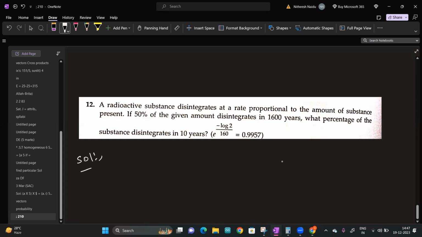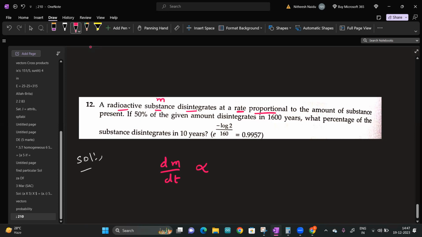So here he said radioactive substance disintegrates. Radioactive substance is often taken as M. Disintegrates at a rate means derivative part. dm by dt is called rate, proportional to. So this is the symbol of proportional to.